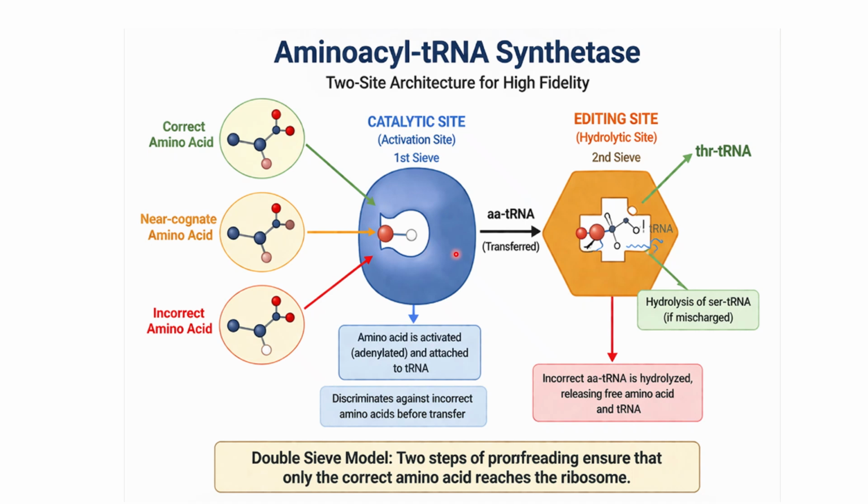Once accepted, the amino acid is activated, and activated amino acids are then attached to the corresponding tRNA, forming aminoacyl-tRNAs. Now this aminoacyl-tRNA comes to the second checkpoint, or editing site. This editing site is also called the hydrolytic site or the second sieve. At this second sieve, screening happens more vigorously. The site is more selective than the first site.